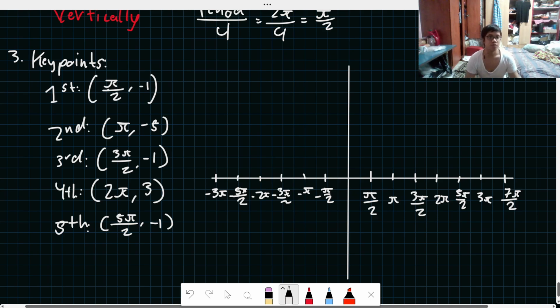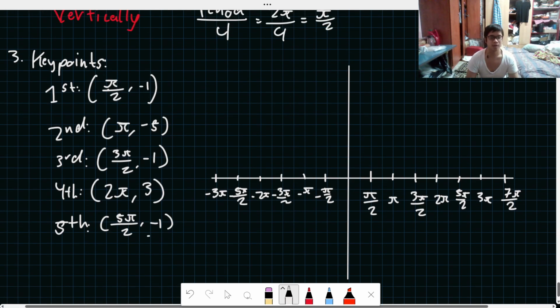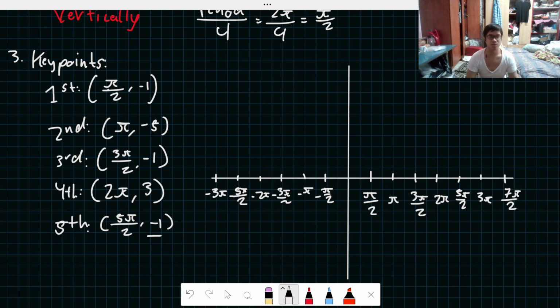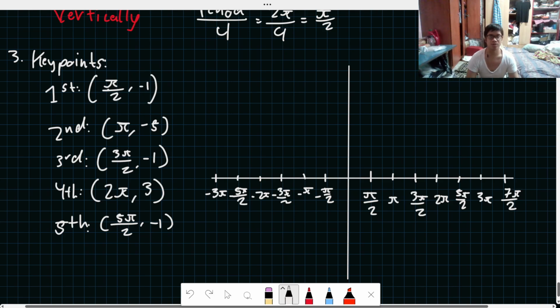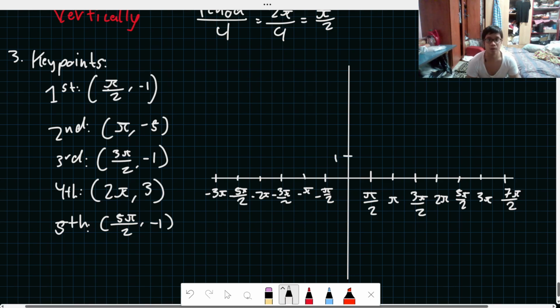Then what we're going to do is put the integers for the y-axis since we have negative 1 and 3. So let's do it until 6. All right, this is 1, 2, 3, 4, 5.